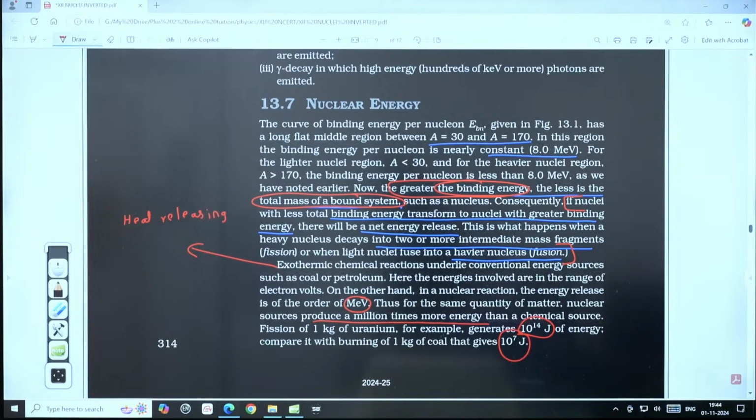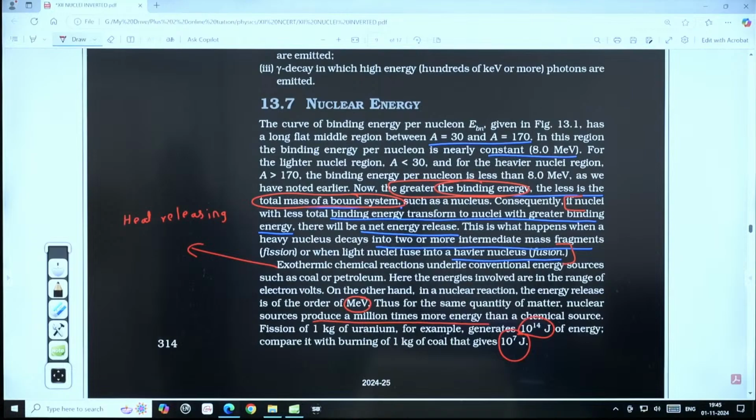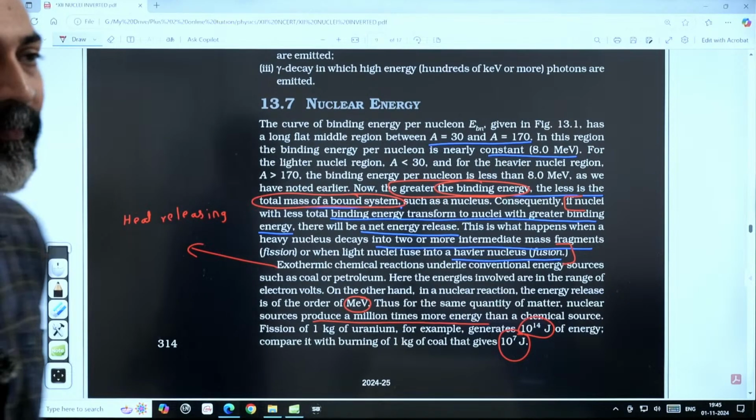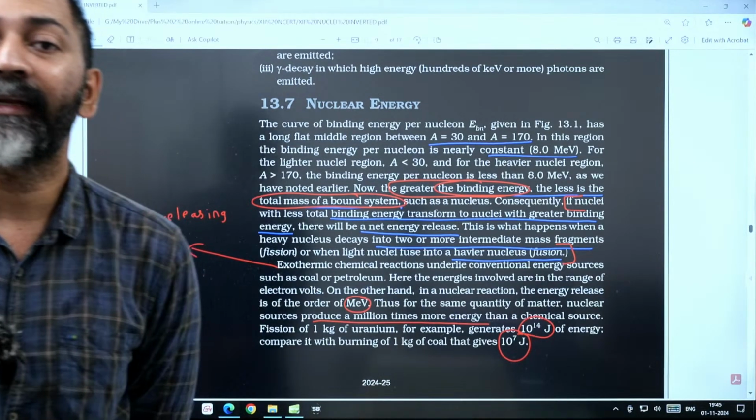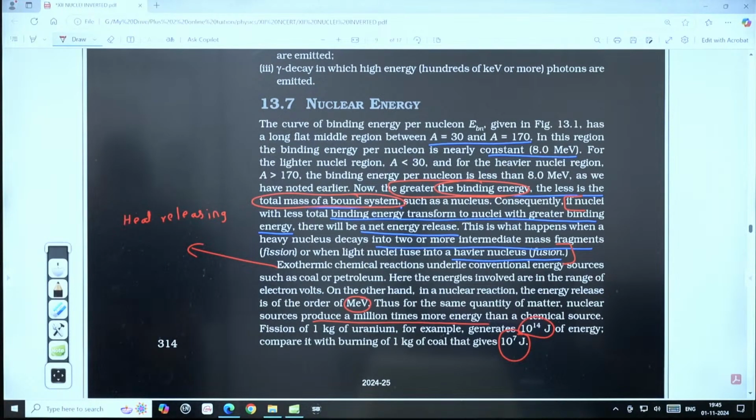When 1 kilogram uranium is burned, it creates a million times more energy than 1 kilogram of coal. See, I am directly taking from NCERT. Please note it down.